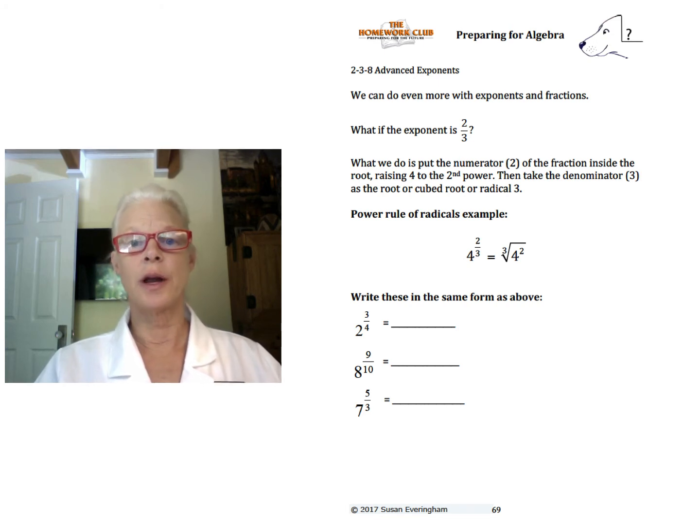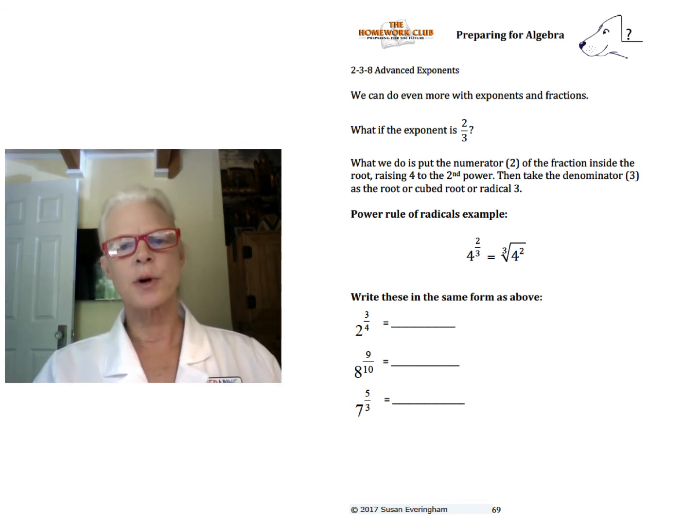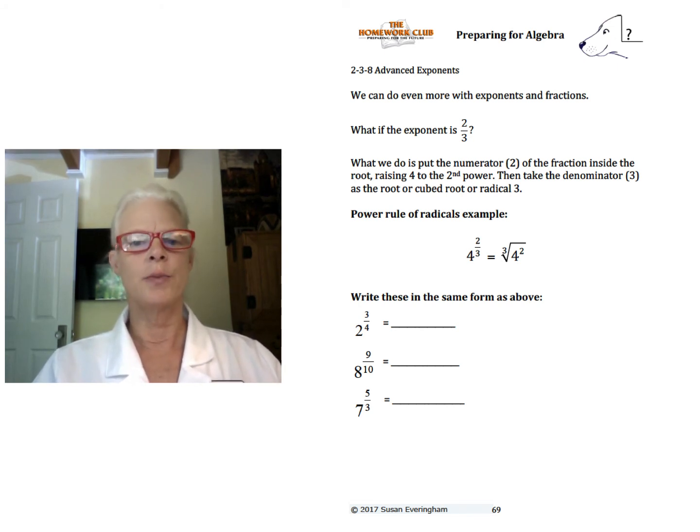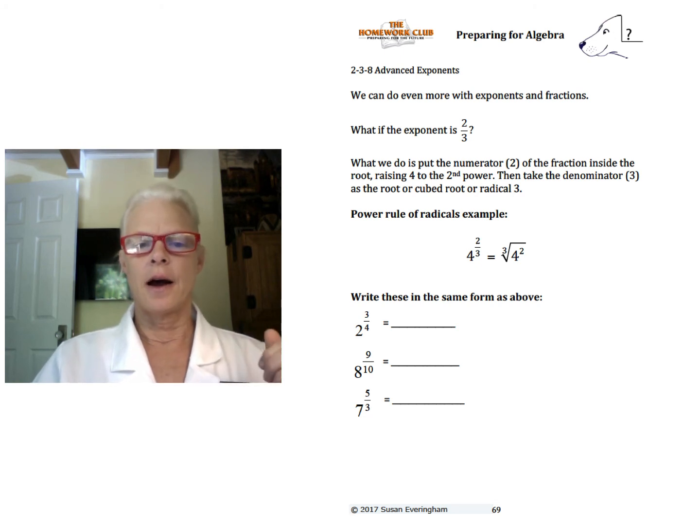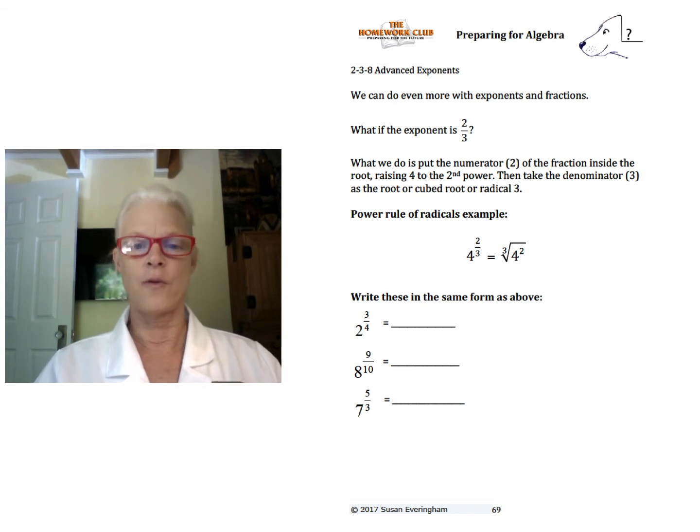Page 69, we're going on to advanced exponents. You can do more with exponents and fractions. If the exponent is a fraction, like 2/3, what we do is we put the numerator 2 inside the root, raising, in our example, 4 to the 2nd power. As you can see here, 4 to the 2nd power inside the root.